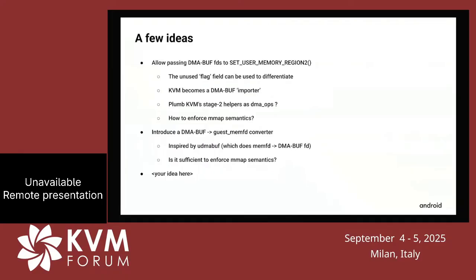And then there's a question about whether we should put the stage-2 manipulation helpers behind DMA ops, which would effectively amount to saying a guest is a virtual device that has an IOMMU that's actually a stage-2 CPU MMU, and whenever we import the dmabuf into this virtual device, the DMA map operation initiated by the dmabuf core ends up calling the KVM page table manipulation logic. I think it's an interesting idea to think about.